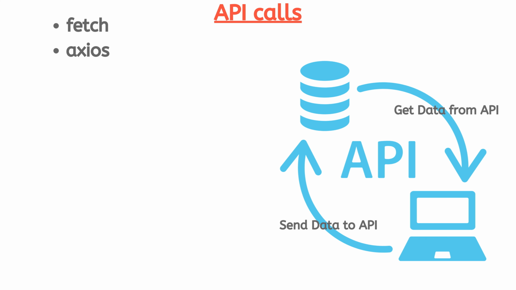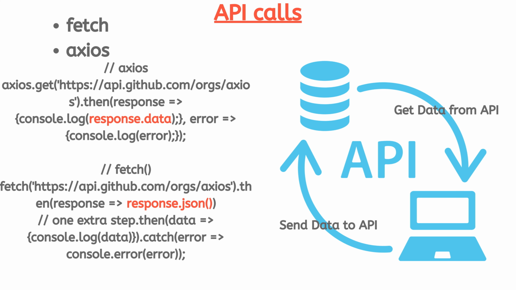The only minor difference is that with fetch, once you get the response, you need to call the .json method to get the actual JSON content out of the response. With axios, it directly gives the JSON response, so you don't need to call the .json method on top of the response.